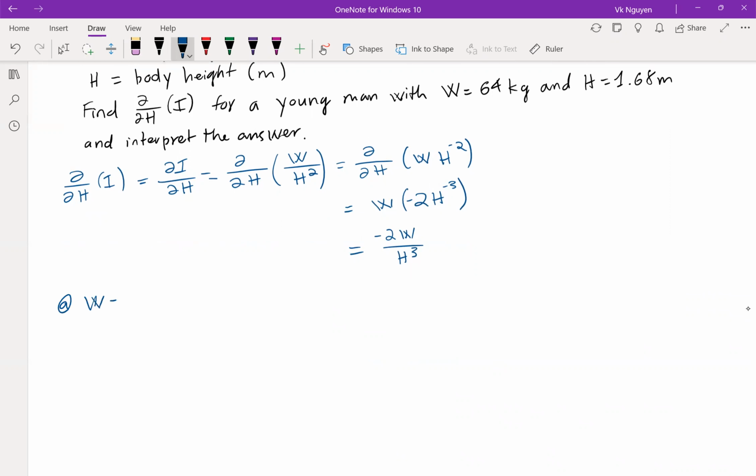So at W equal 64 kilograms, H equal 1.8 meters, the partial derivative of the body mass index with respect to height is -2 times 64 over 1.8 to the power 3. So if you do this, you're going to get a number that is approximately -27.